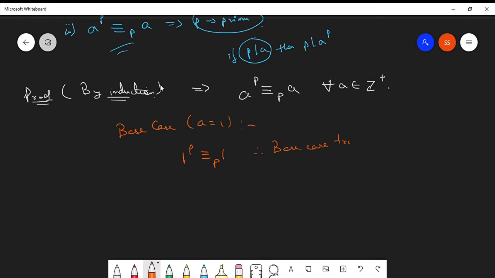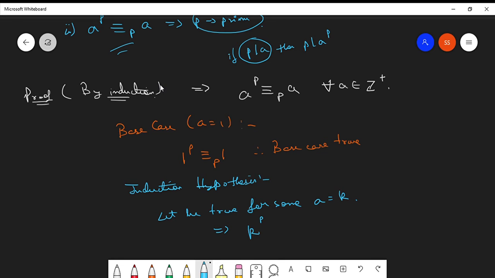For the induction hypothesis, let it be true for some a equals k. So what does that imply? That implies that k to the power p is congruent to k mod p.